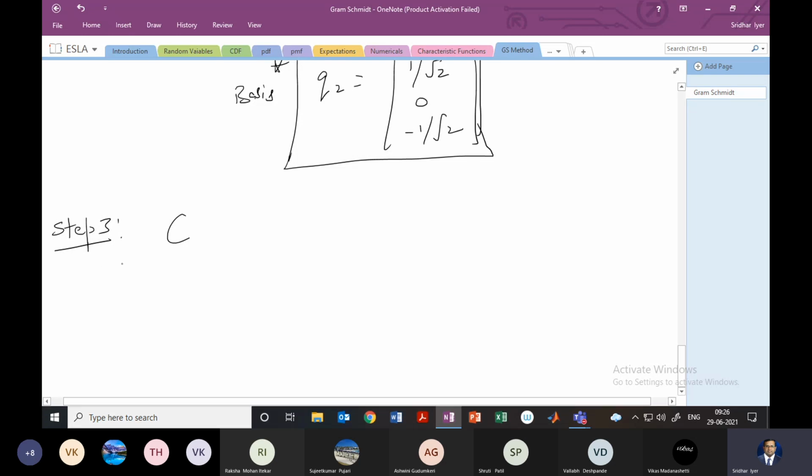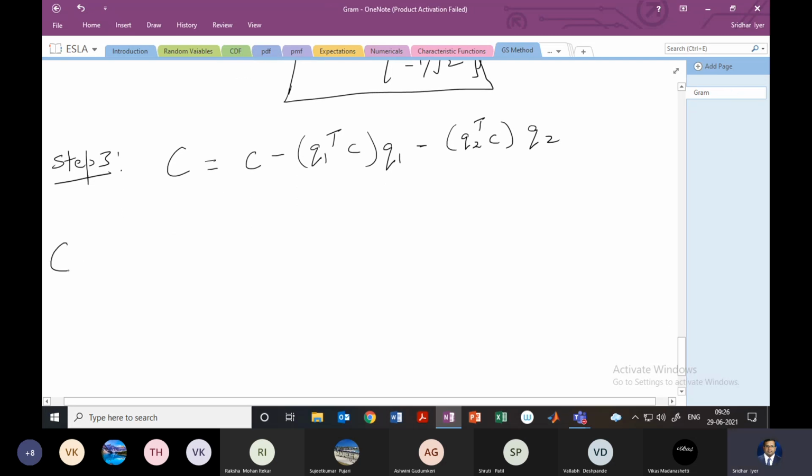Now we need to find C. So C can be found as a projection. So you have C minus Q1 transpose C into Q1 minus Q2 transpose C into Q2.